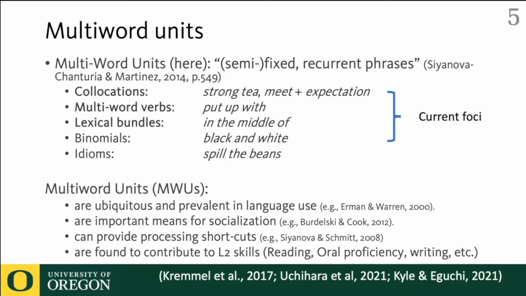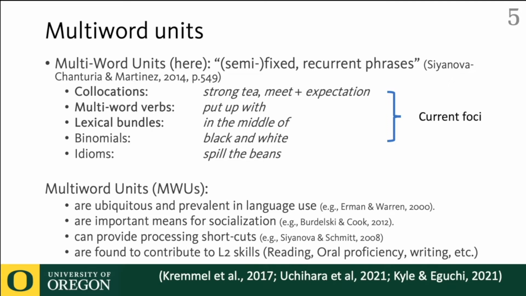More recently, research highlights the importance of multi-word units, but fewer tools are available for this kind of linguistic unit. Before talking about this particular gap, let me define what multi-word units are in this talk. This is a very tricky concept. Other people define it slightly differently, but I will use multi-word units descriptively to refer to semi-fixed recurring phrases.